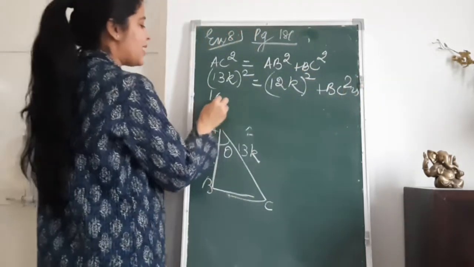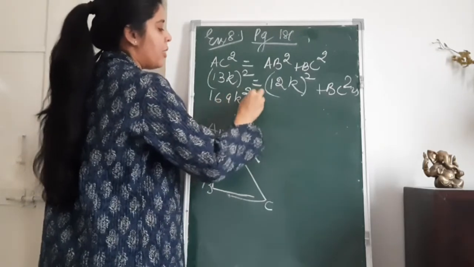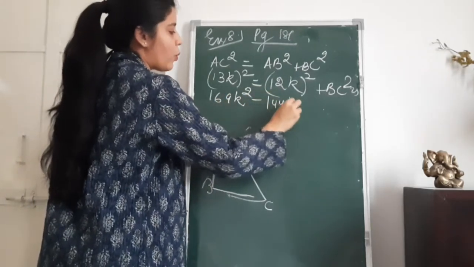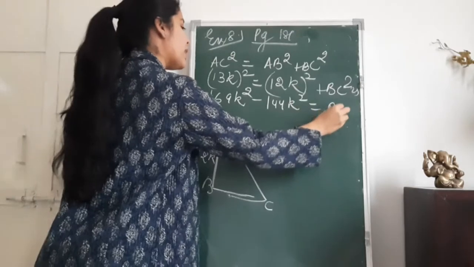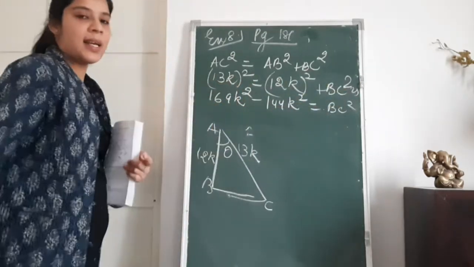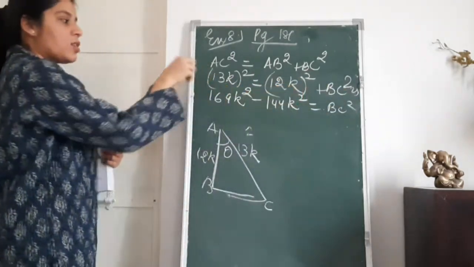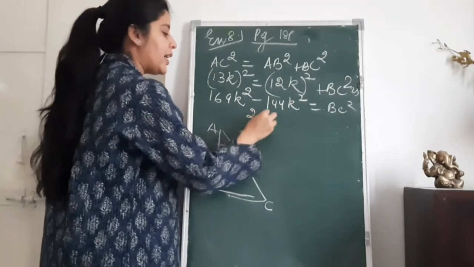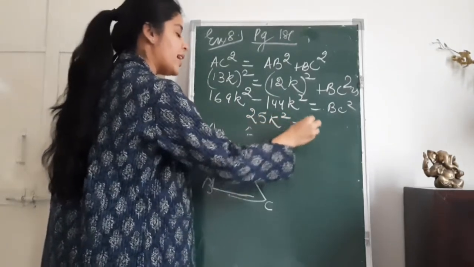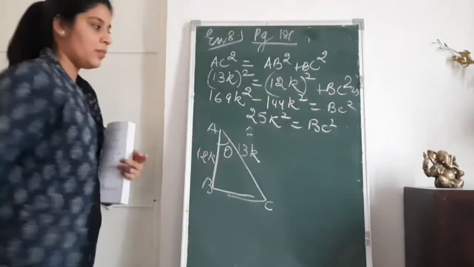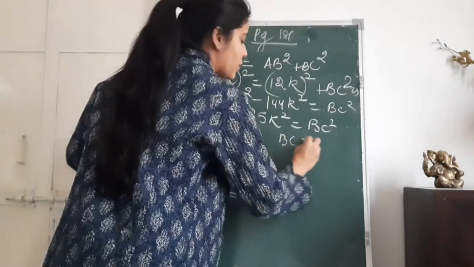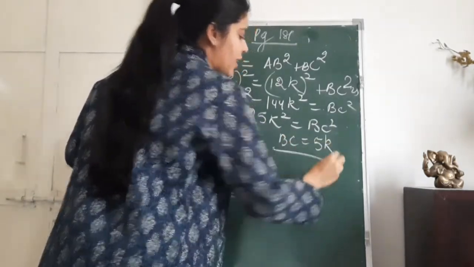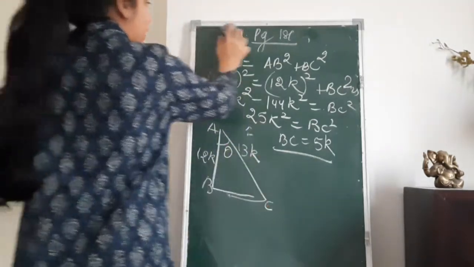This gives me 169k square minus 144k square is equal to BC square. Taking this to this side, I get 25k square as BC square. That gives me BC as 5k.